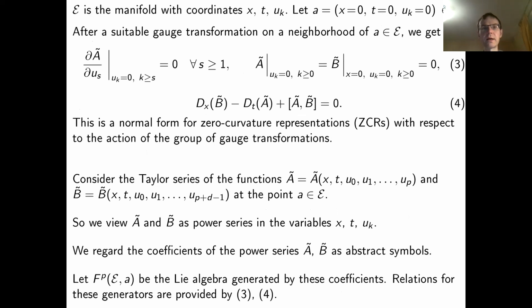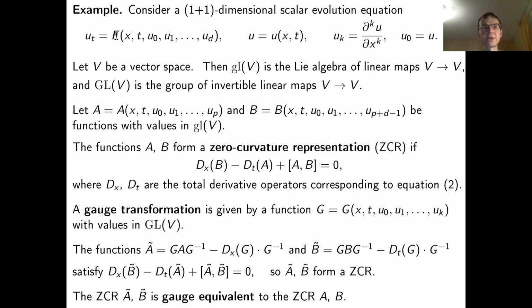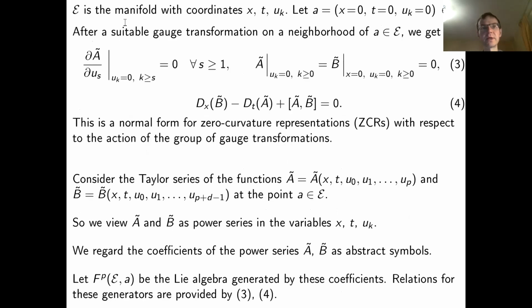Now, for such an evolution equation, the corresponding manifold E will be a manifold with the coordinates x, t, uk, where uk corresponds to the k-th derivative of u with respect to x.